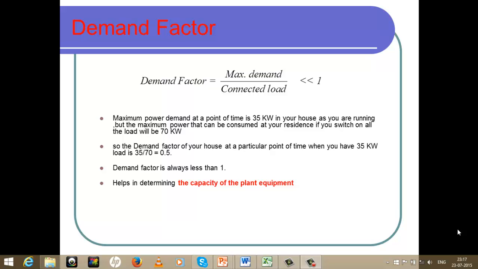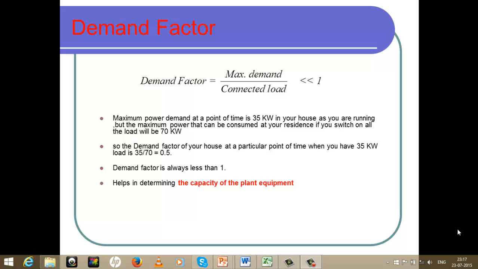The reason is, at peak time it's not the condition that you are switching on all the load. You may be able to switch on all the load, even though that may not be available. So there is a difference that may happen between the maximum demand and connected load.